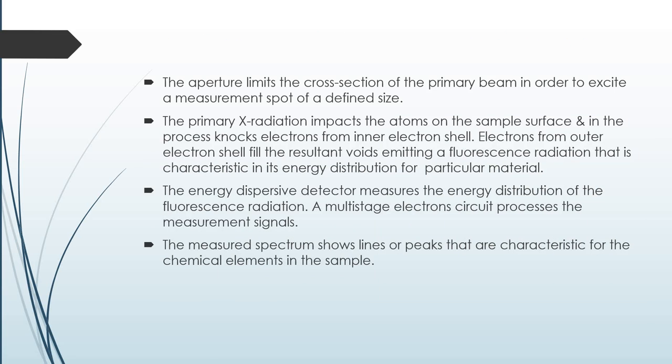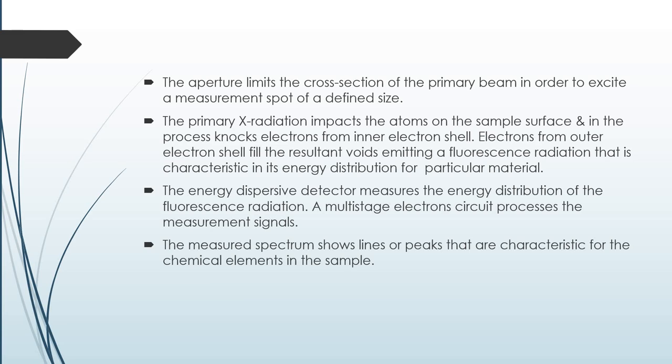The aperture or collimator limits the cross-section of the primary beam in order to excite a measurement spot of a defined size. The primary X radiation impacts the atoms on the sample surface, that is coating layer and base material, and in the process knocks electrons from the inner electron shell.